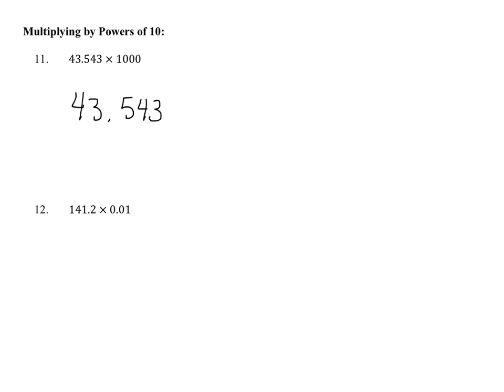So when I multiply by 10, I just move my decimal point. So in this case, I'm going to multiply by 1,000, so I'm moving it over 3 spaces to the right because I'm making the number bigger. So it's 43,543. Don't be lazy. Write the actual number out.